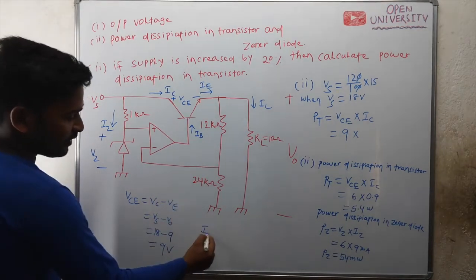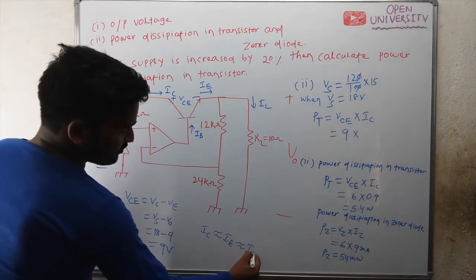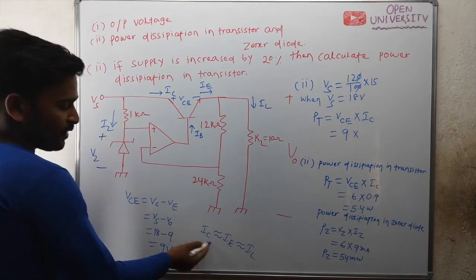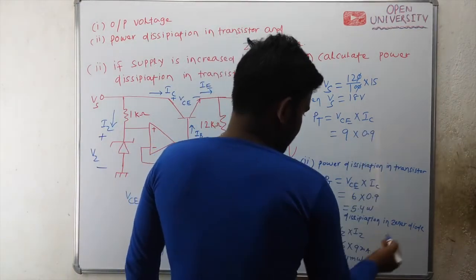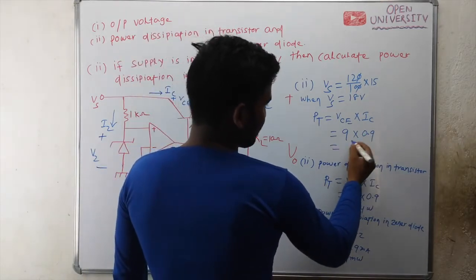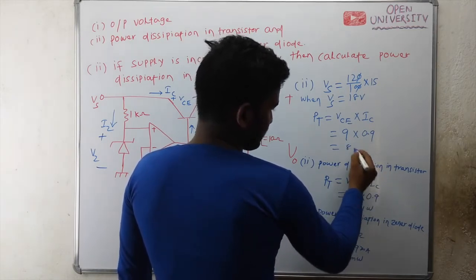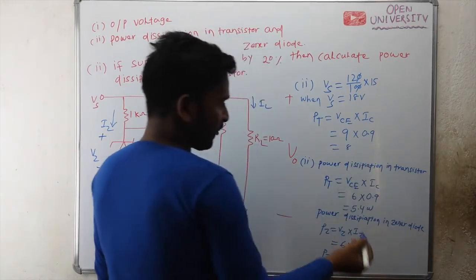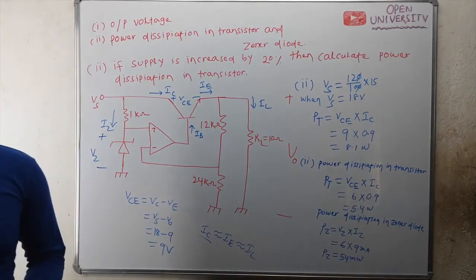Ic approximately becomes emitter current, and emitter current approximately becomes load current. So Ic will be same, that is 0.9 ampere. So it will be 9 into 0.9, that will become 8.1 watt.